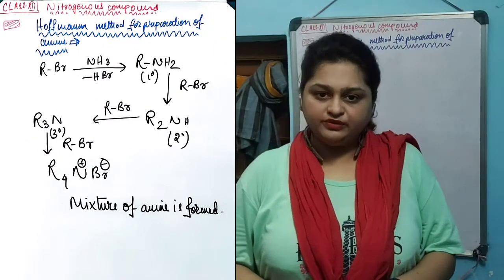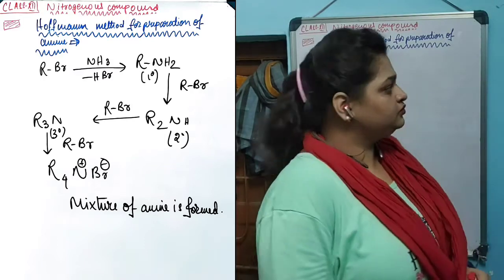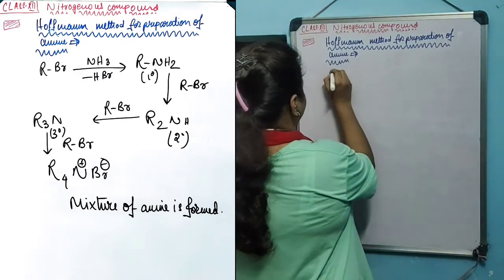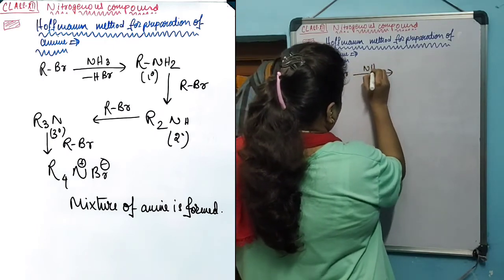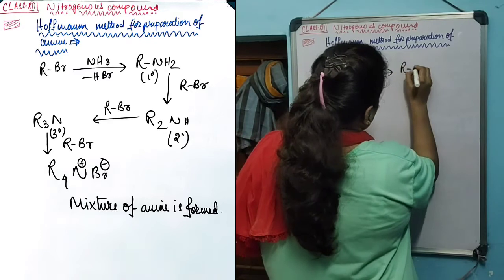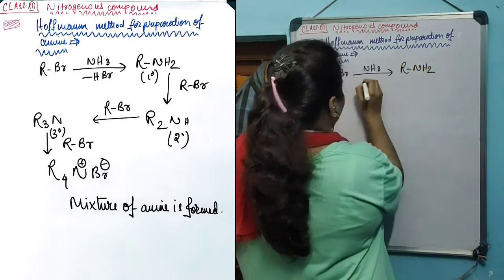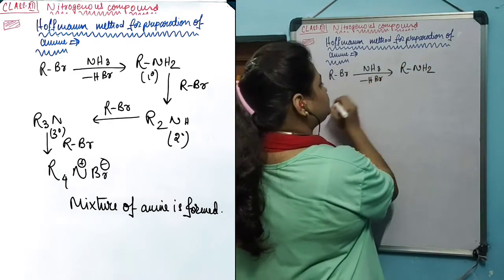Alkyl amine can be prepared by the Hofmann method, in which an alkyl halide is taken. Let's take alkyl bromide and treat it with ammonia. As a result, RNH2 is formed and HBr is released.